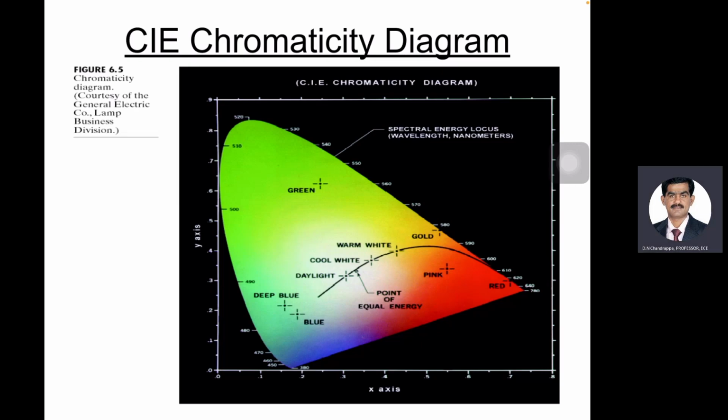Now we look into the color models. A color model is a specification of a coordinate system and a subspace within that system where each color is represented by a single point.